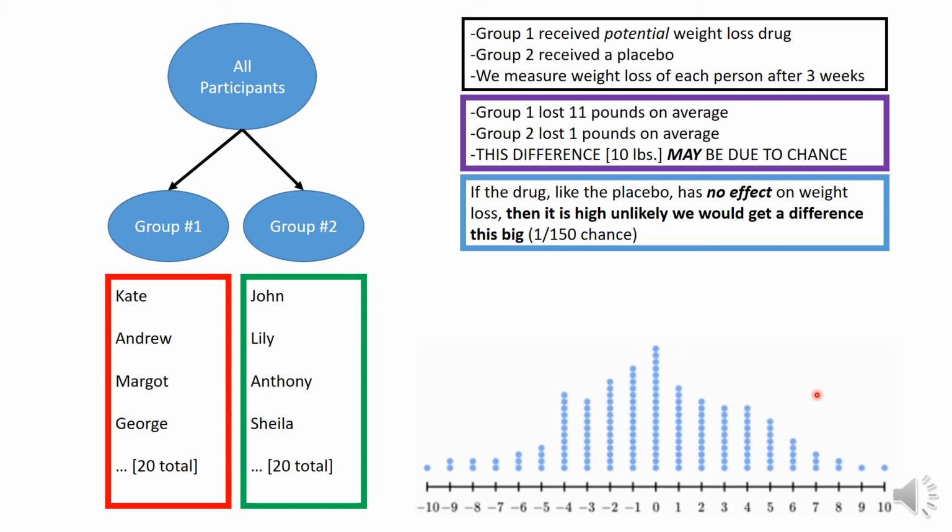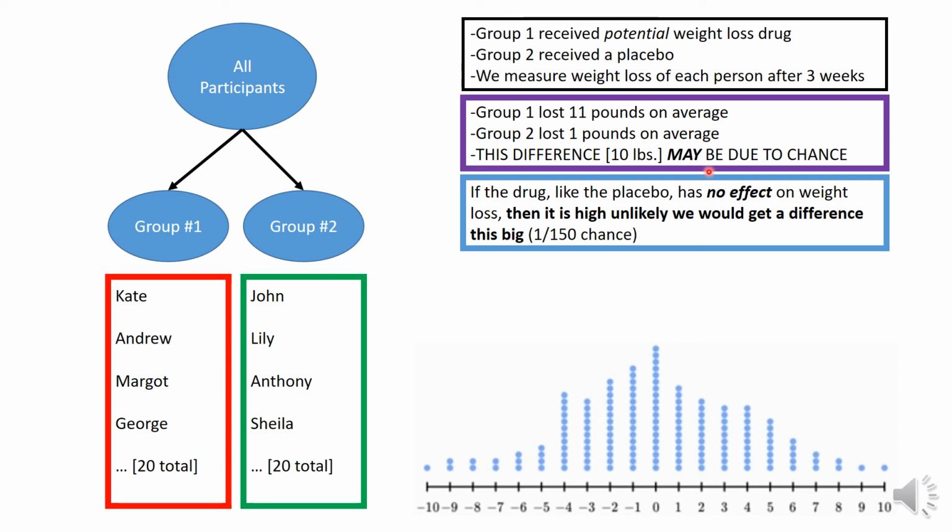But we can see that if the drug is just as ineffective as the placebo, then we can validly do these simulations, validly just say, Kate, you're a part of group 2, and Lily, you're a part of group 1, and so on, then a difference of 10 pounds is very unlikely.